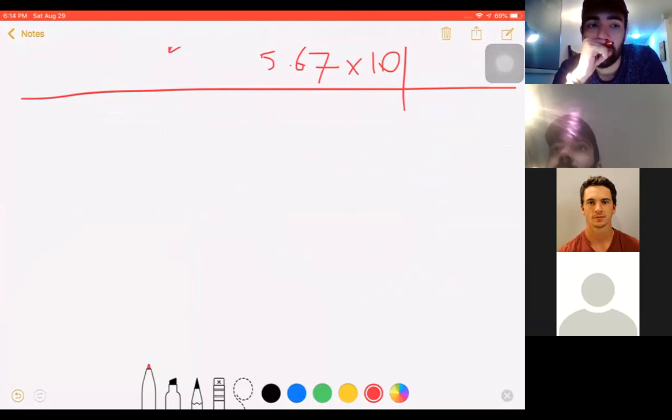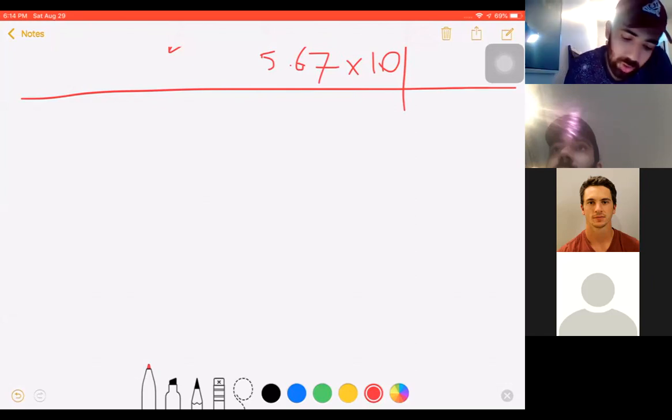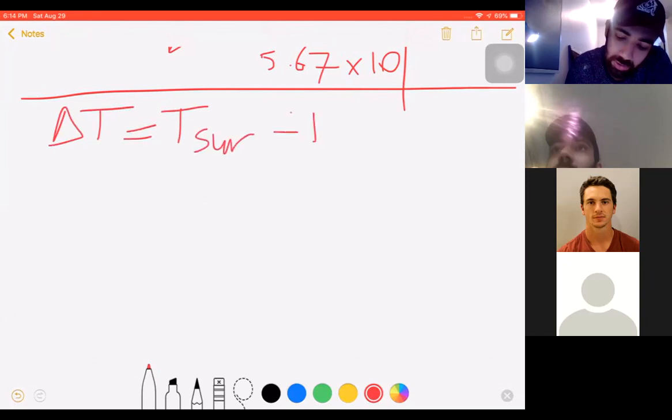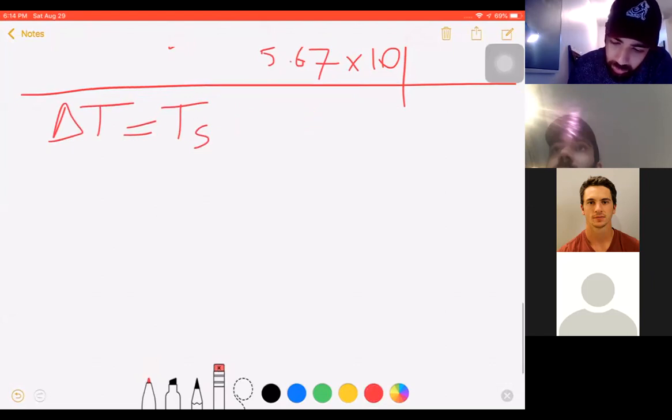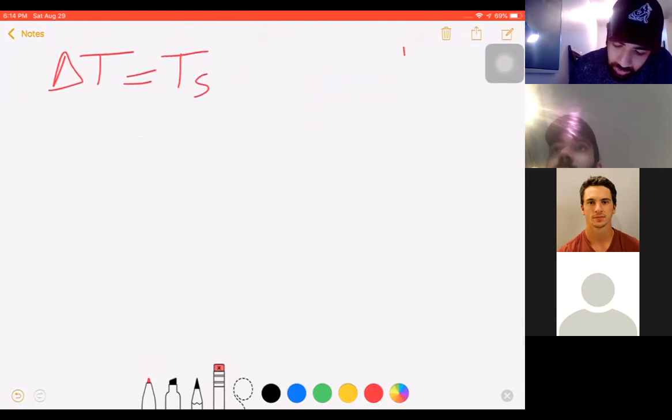Both of them were the same. Anyone? Because the difference between them is the same. Yes, exactly. So the temperature difference, delta T, was equal to T of surface minus T of surrounding.